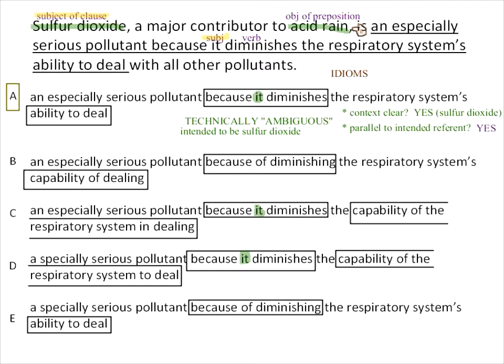So if we just ignore that content completely, then we don't even realize there's an issue here. And then the last part of this is that we have to be non-parallel to the wrong words. Well, the wrong word in this case is acid rain. So are we non-parallel to acid rain? You bet we are.